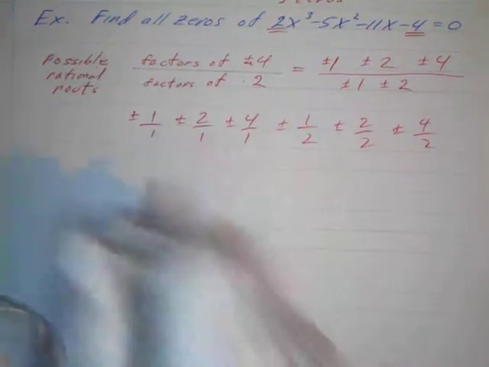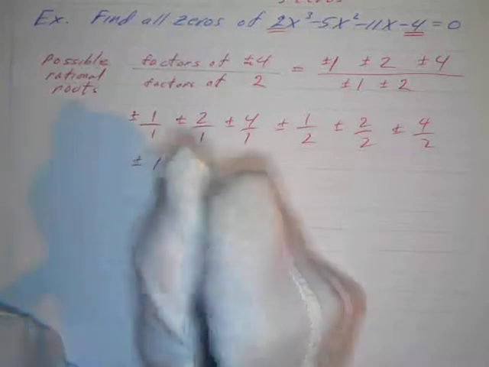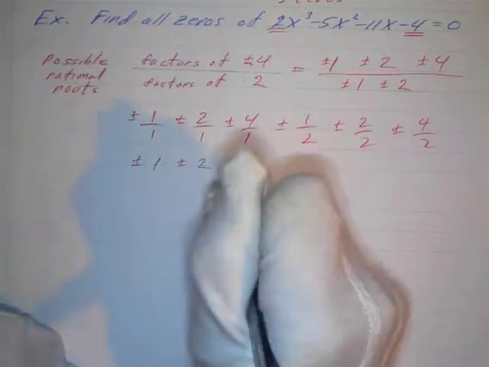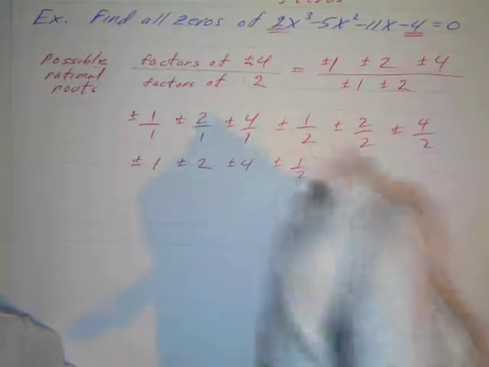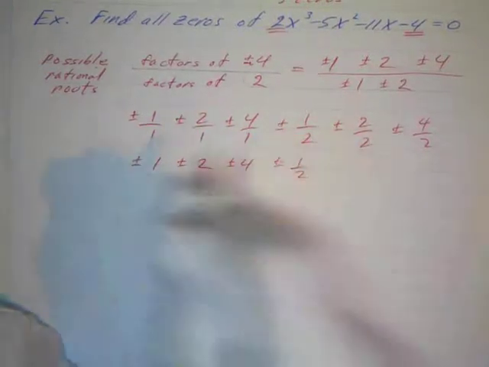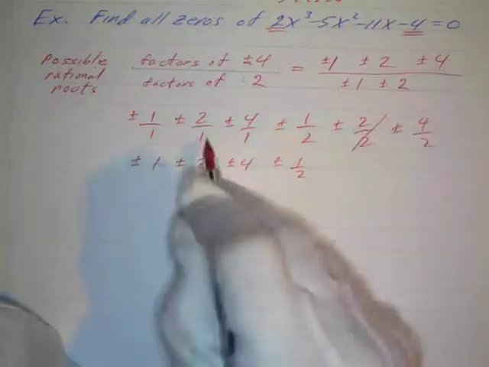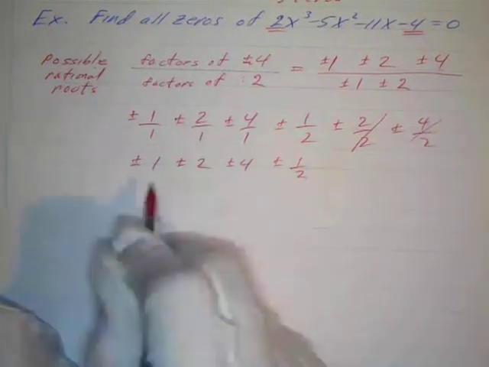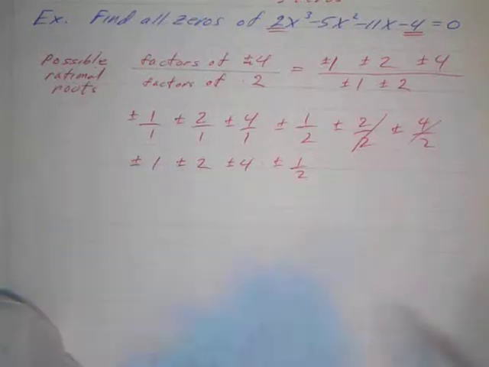Now, this is going to be just plus or minus 1, plus or minus 2, plus or minus 4, plus or minus 1/2. But 2 over 2 is 1, so I've already got that, so that's a redundancy. And 4 over 2 is 2, and I've already got that, so that's a redundancy. So those are my possible rational roots, 8 of them.